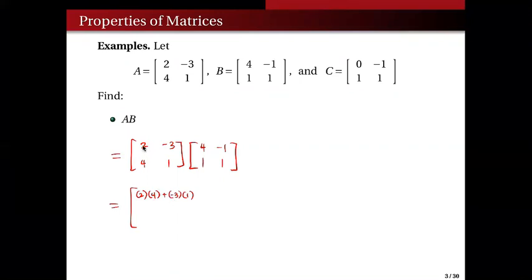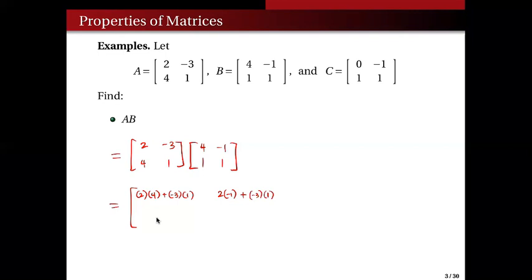Now, let's have first row, second column. That means the sum and product will be on the 1, 2 entry. So we have 2 times negative 1 plus negative 3 times 1. So that's first row, second column. Now, we have second row, first column. It means we will be on the 2, 1 entry.